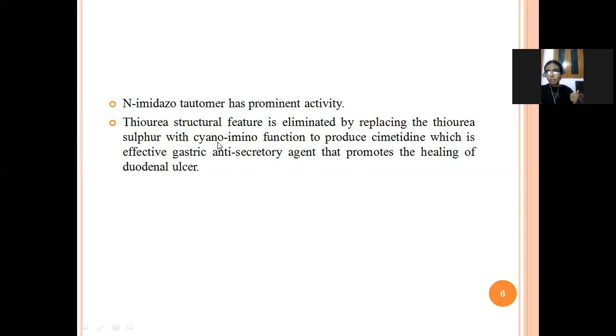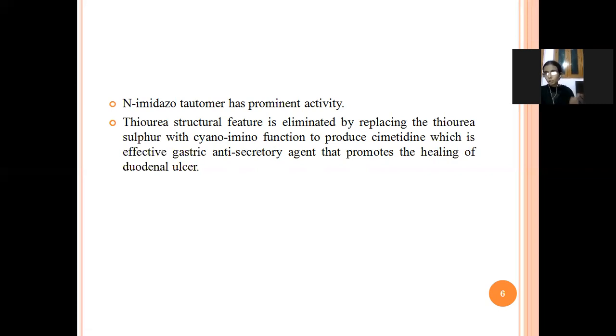And if the thiourea is replaced with the cyanoimino group, the cimetidine drug comes. What is the main role of cimetidine?